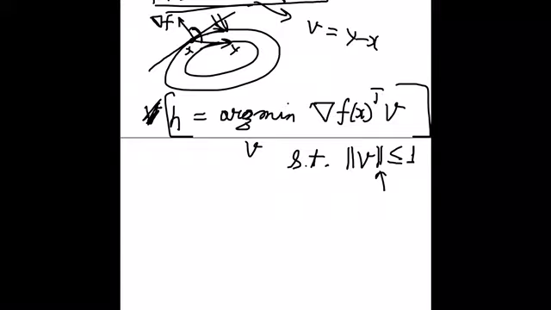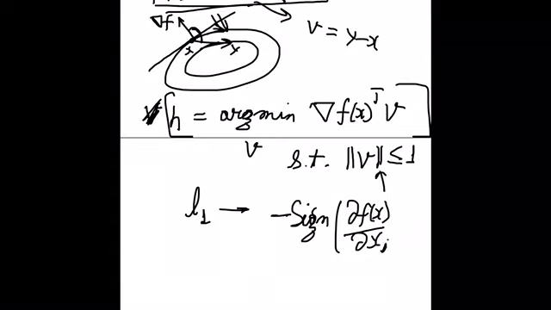We saw that for the L1 norm we get coordinate descent, which is minus sign of del f of x by del x_i times e_i. Here e_i is the vector where the ith coordinate is 1 and the rest are 0, and i is the index of the coordinate of the gradient of f of x which has the maximum value.